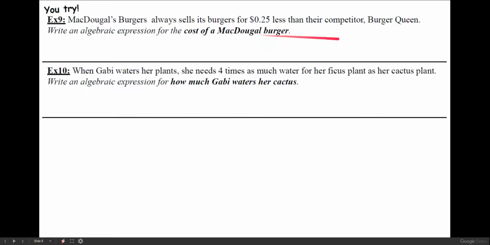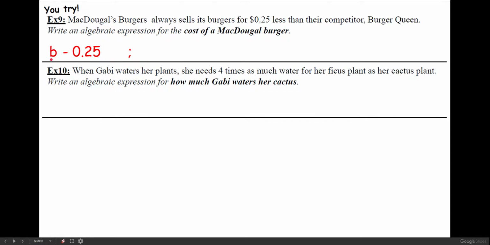If Burger Queen sells it for $1, then McDougal's is 75 cents. If Burger Queen sells it for $2, then McDougal's sells it for $1.75. So if we know the cost of a Burger Queen burger, we can say B for Burger Queen burger, and subtract 25 cents from it, and we'll know the cost of a McDougal burger.